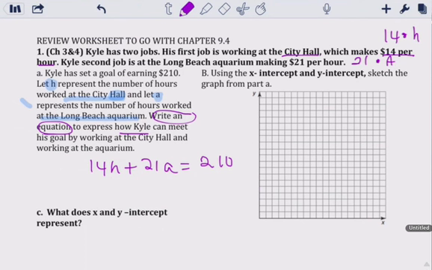You can put the hours for city hall here, and then hours for the aquarium here, or vice versa. So you can have 2 different graphs.